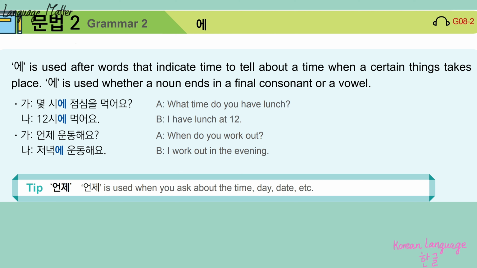When doesn't need 에 in Korean, just 언제. So, the answer is, when do you work out? 저녁에, right. How about you? Do you work out in the evening or in the morning? If you work out in the morning, how do you say in the morning in Korean? 아침에. Good, you got it.